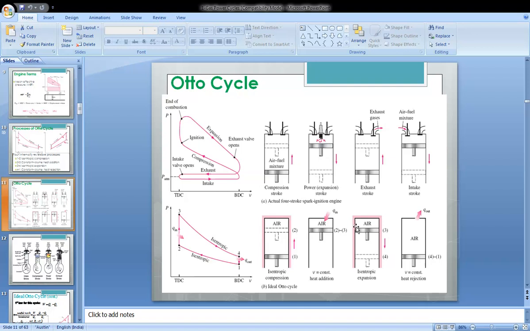How the heat energy is rejected takes place in the exhaust operation. Let us observe all four operations with the help of the PV and TS diagrams, and how the pressures and volumes are attained in the Otto cycle.